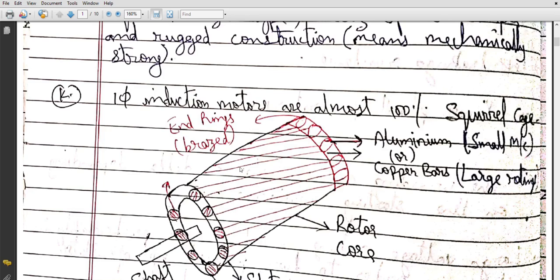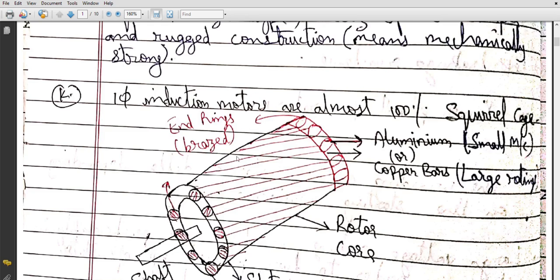We have already discussed this while I was teaching you how the poles are generated. Different bars will be acting as north pole and south pole. Some bars will be acting as the return path, and some bars will be acting as the forward path.